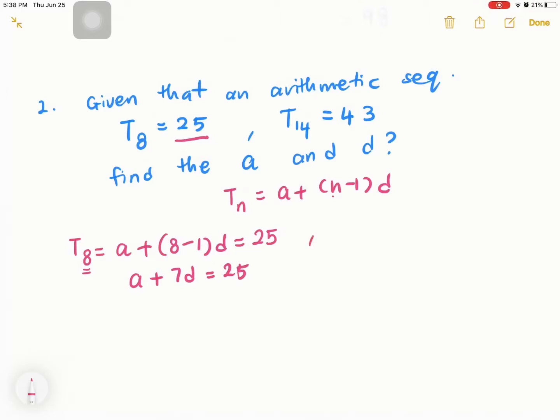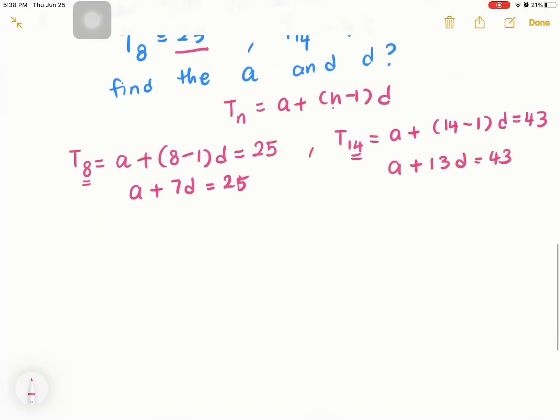Now the same method to use for T14, which is T14 equals A plus 14 minus 1 times D is equal to 43. Now we simplify this, we have A plus 13D equals 43.